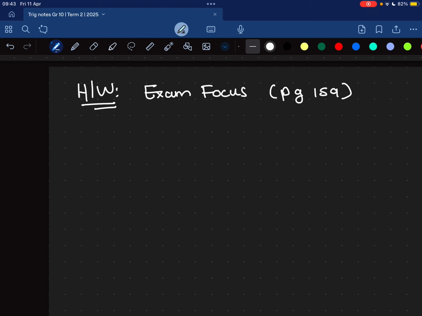What I would like you to do is question E, the whole thing. Question E is special angles, and it even says in the question to do it without a calculator. Then I would like you to do G, which is going to use triangles, and also H. So pretty straightforward, not too much to do.